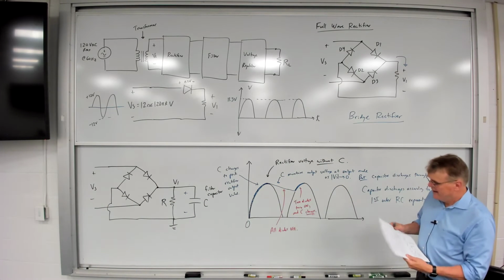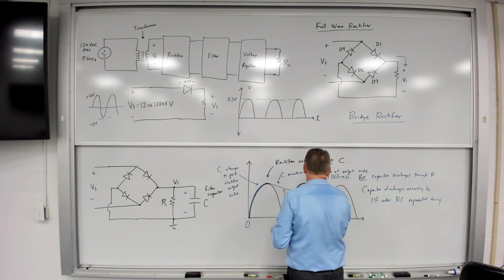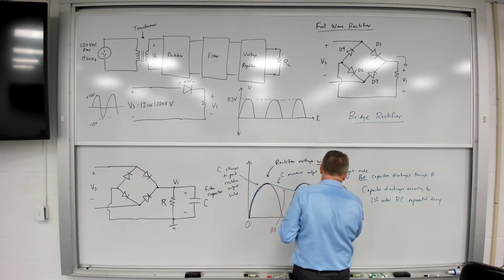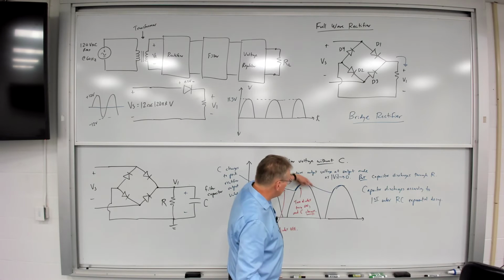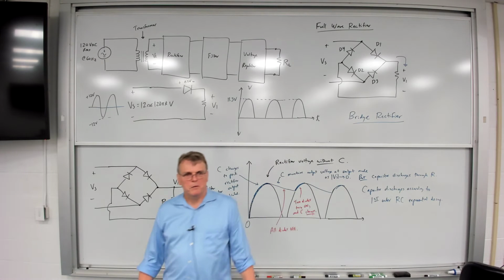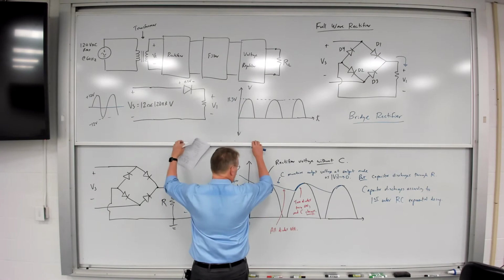So what we see now is this. We're going to see this type of voltage appearing at the output. And let me redraw this up here.